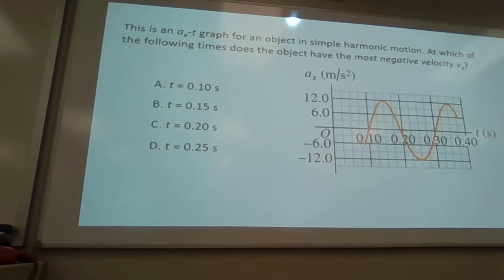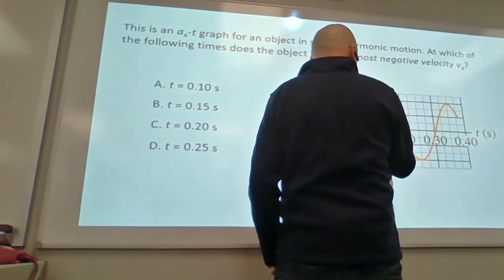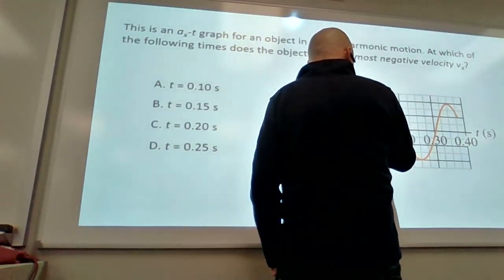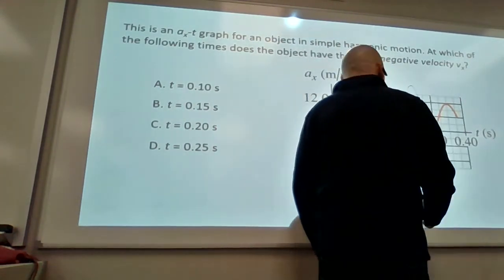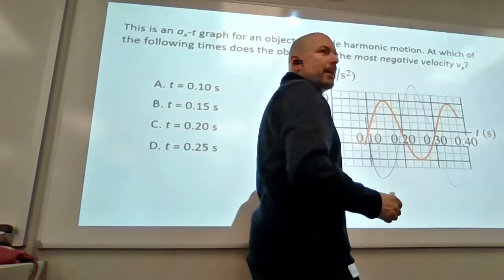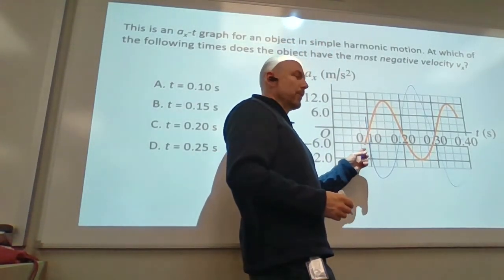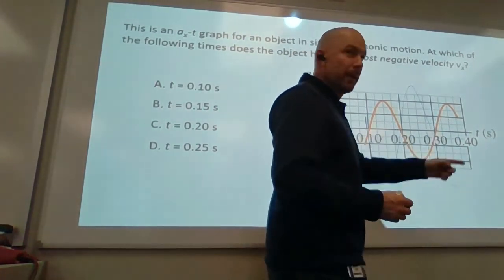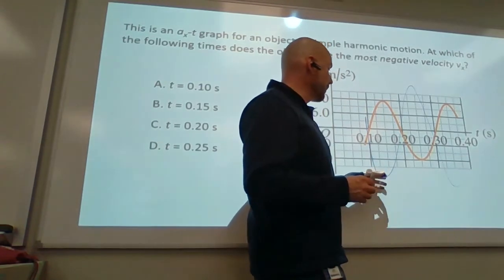Correct answer is A. Here's how I figured it out. That's the inflection point. The position versus time graph looks like this. Okay? And the slope of that, I want the most negative slope, and that's here or here. No, this is the position versus time graph.